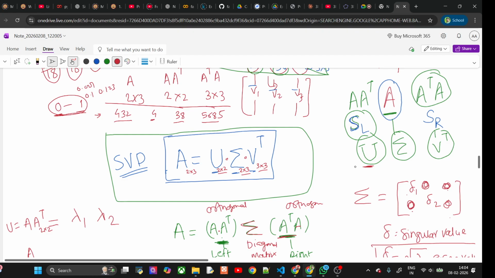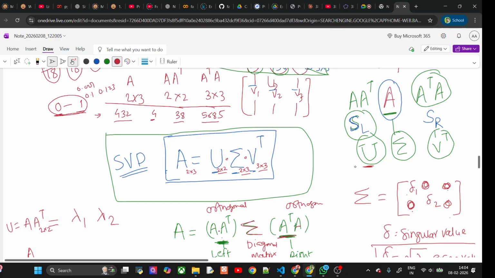You can consider it this way for remembering, but it will not always be like this. For example, if you are bringing something from 2 dimensions, R2, to R3, you are increasing the dimension. That time it will be reversed: the right will be bigger and the left will be smaller.